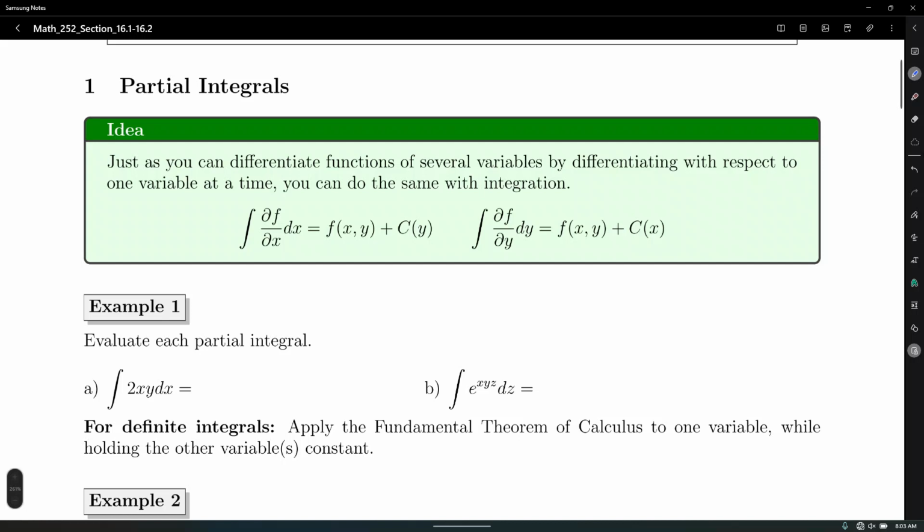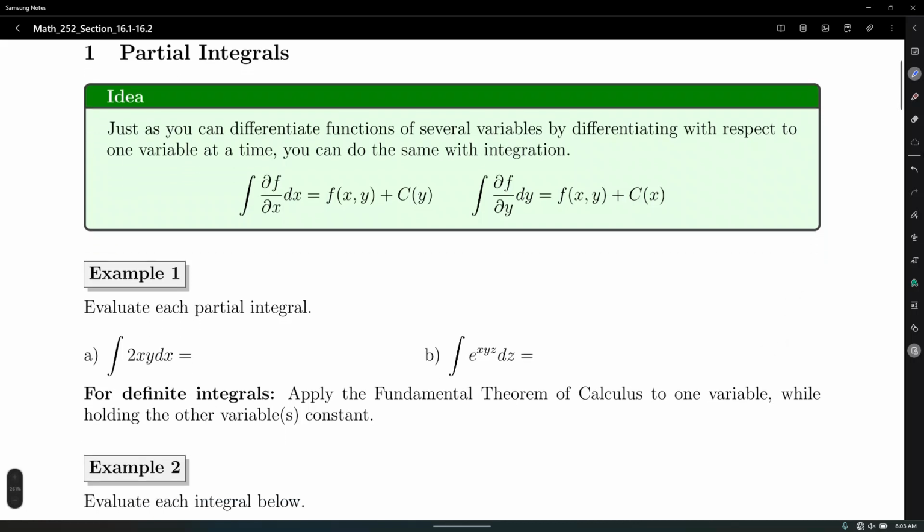Well, so let's see how do we go about partial integration. So let's look at this couple of examples. So the integral of 2xy dx. So in this case, we're integrating with respect to x. Let me take everything that is constant outside of the integral. That is, I'm going to take the 2y out, integral of x dx.